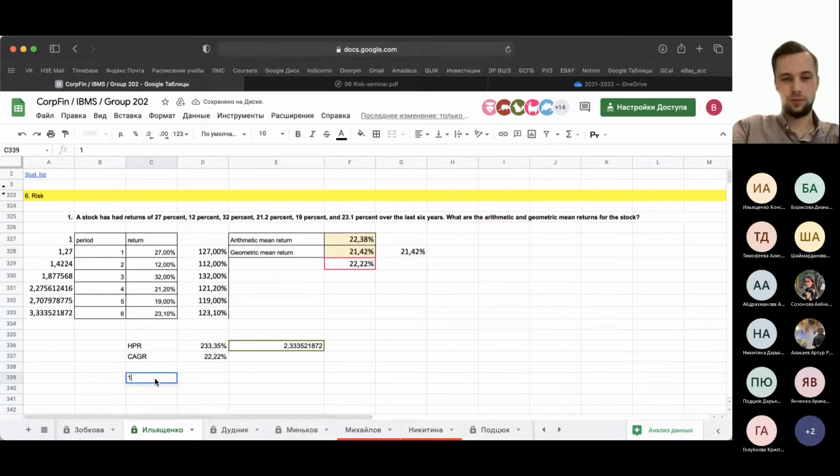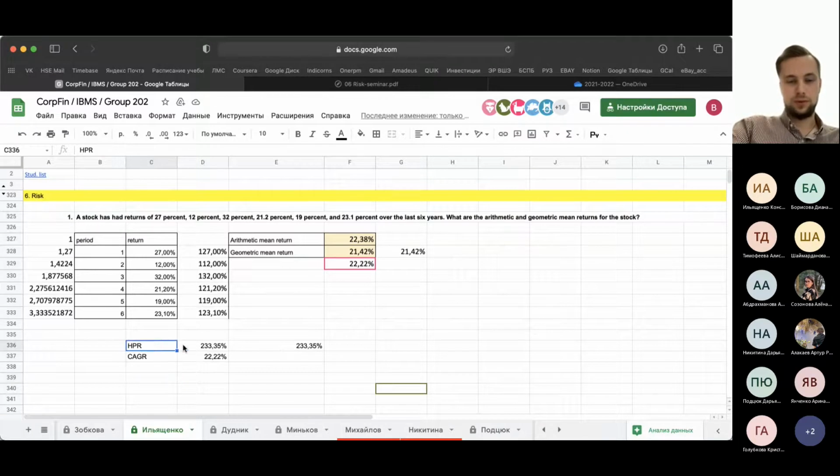For example, we take 1, the price for year 0 is 1, and we multiply it by 1 plus this growth rate. You're absolutely right. To find the holding period return, we again should subtract 1 from here. I'm sorry. So holding period return is not 300% but 200%.